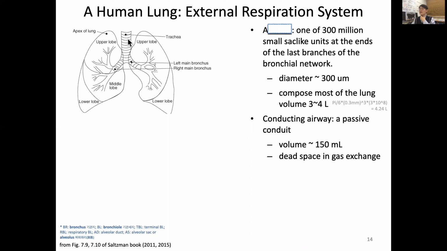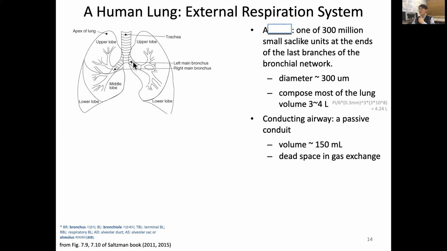That is the cartilage in the trachea, because even when we are sleeping, the trachea should not fold, as we need air exchange. That's why the trachea has a specific form with a lot of collagen to protect it from collapsing. And that one line of trachea separates into two, and that part we call the bronchus.